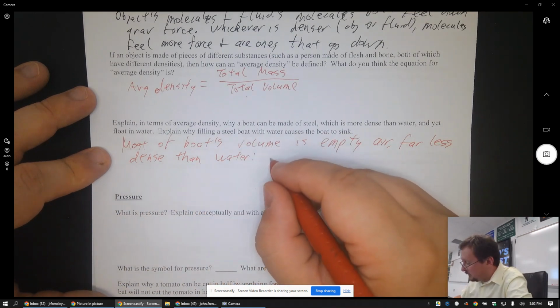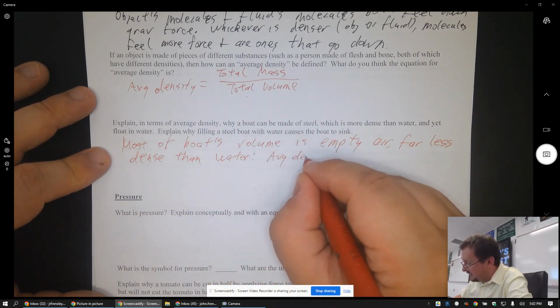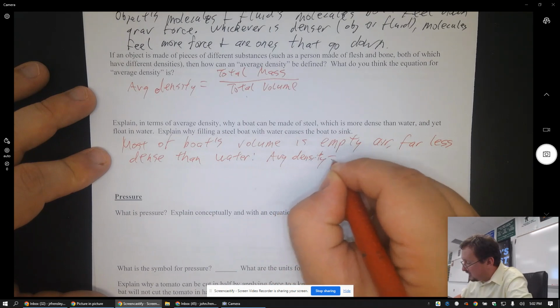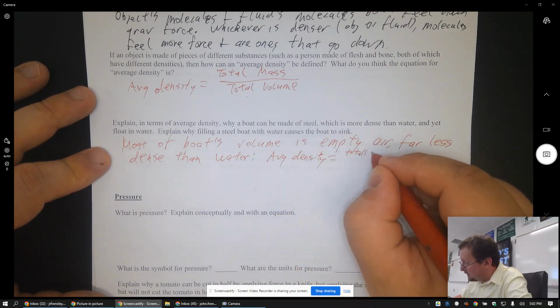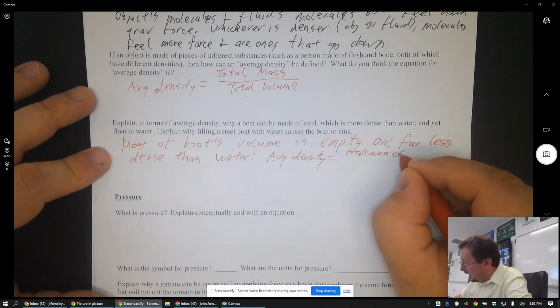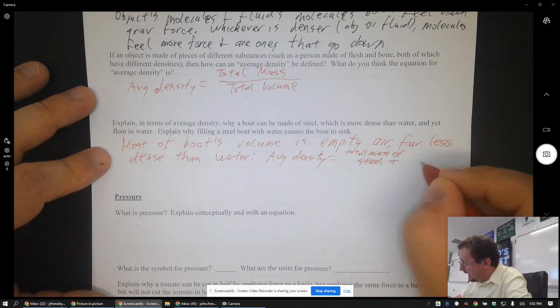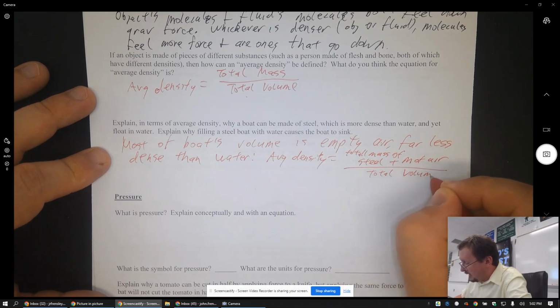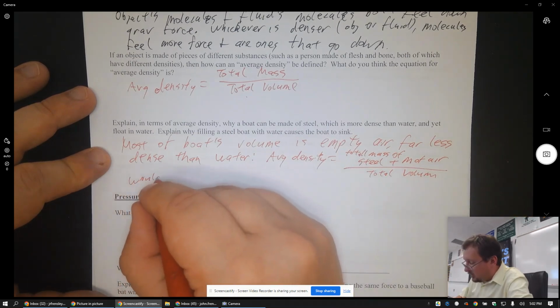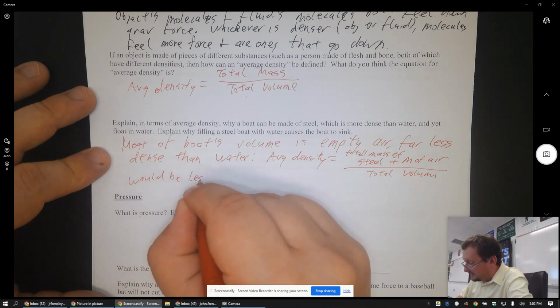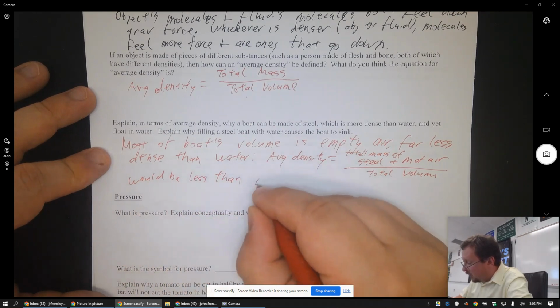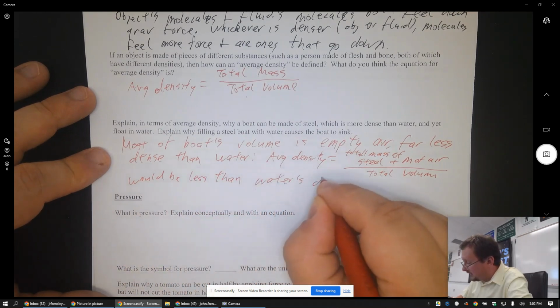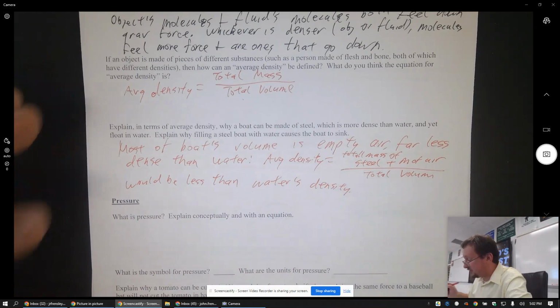So if you do average density, what would you do? You'd have to do the total mass of the steel plus the total mass of the air, grand total, over the total volume, and that would be less than water's density, right? That would be less than water's density.